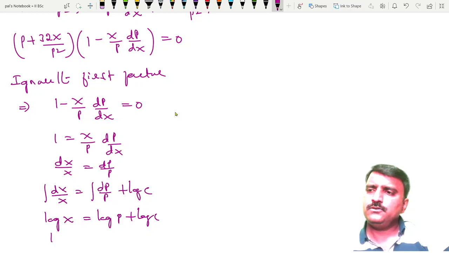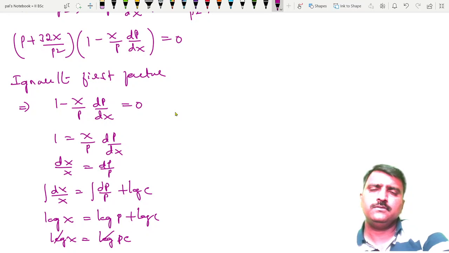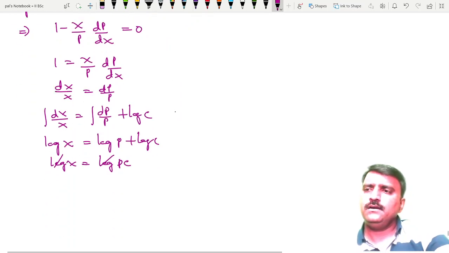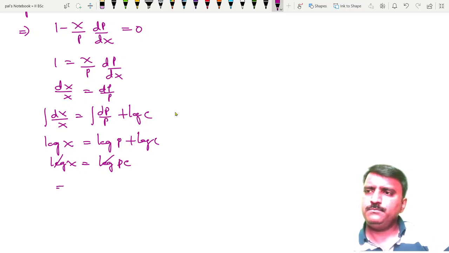So log x is equal to log of pc. So log cancels. So x is equal to pc, or p is equal to x by c, which implies that p is equal to x divided by c.